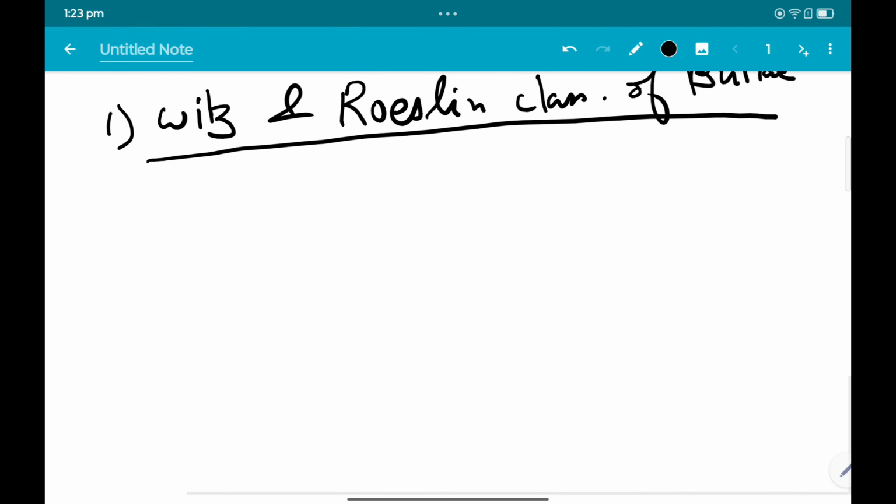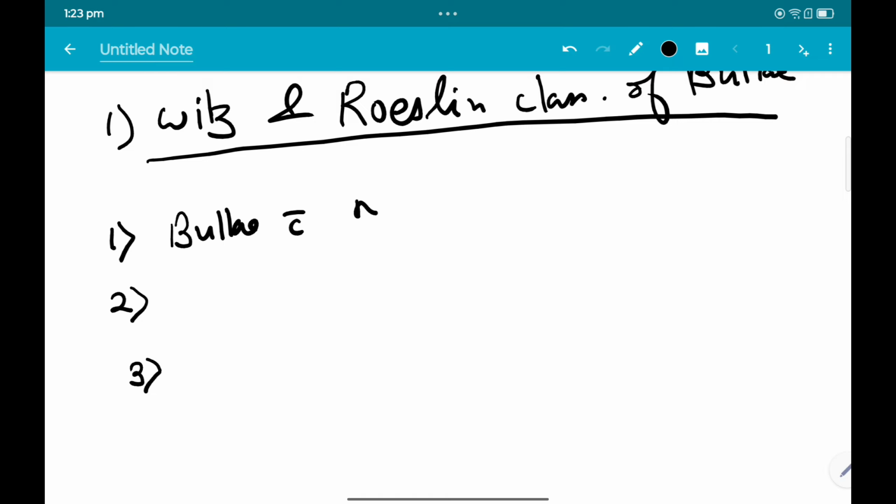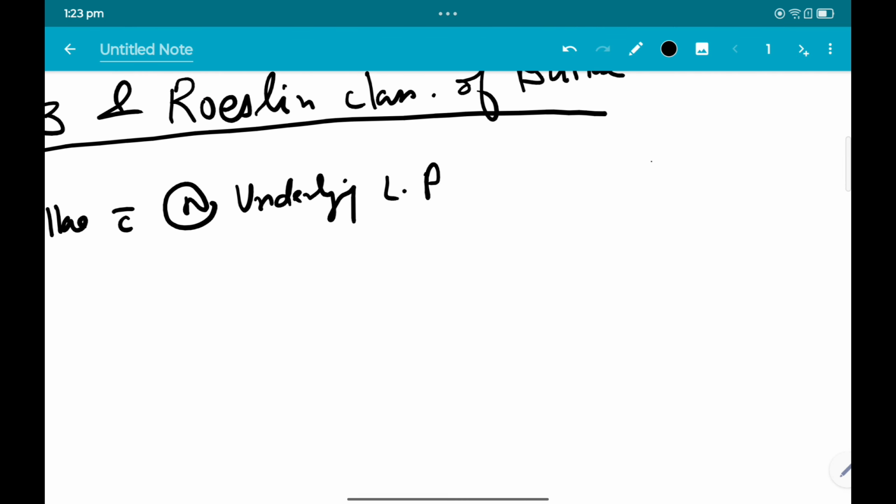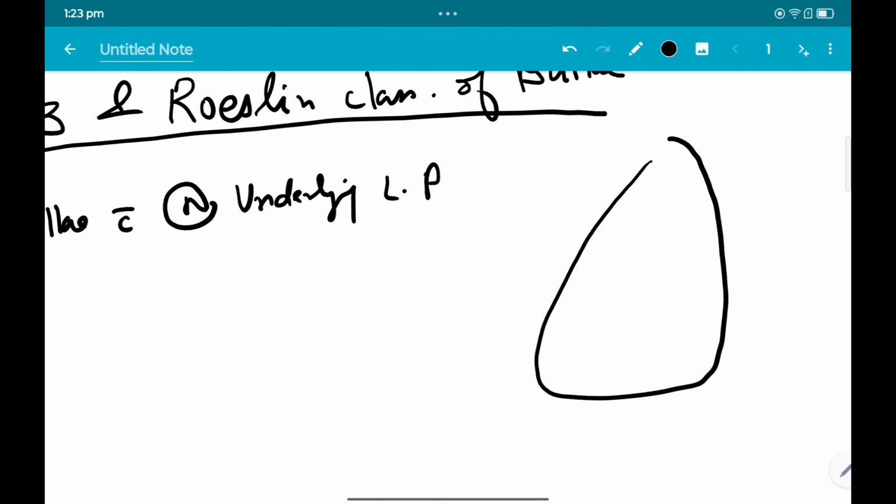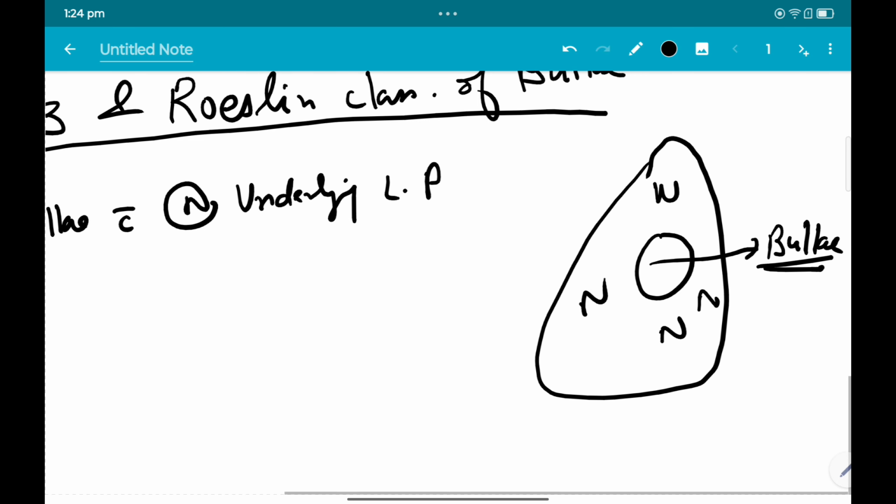It says there are three stages: first, second, and third. Okay. So first stage is bulla with normal underlying lung parenchyma. Okay. Suppose this is lung. So all the lung except this bulla part is normal. All the lung is normal except this huge bulla. So this is stage 1.